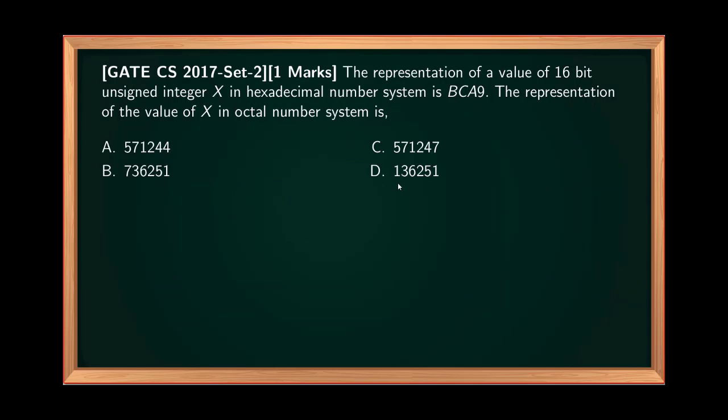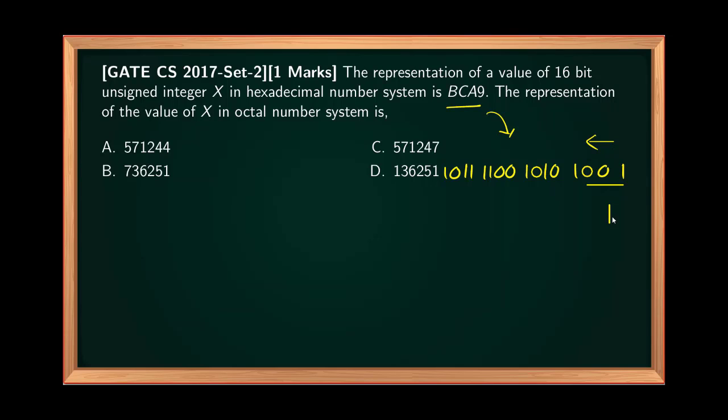The number is expressed as BCA9. To identify the octal representation, let us convert into binary equivalent. 9 is 1001, A is 1010, C is 1100, B is 1011. To convert into octal, group 3 digits at a time from right to left.